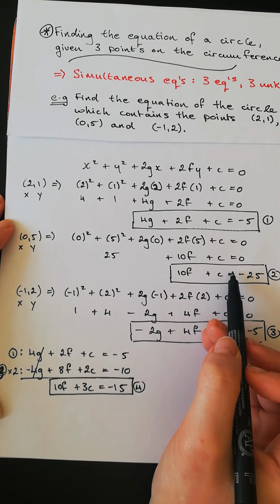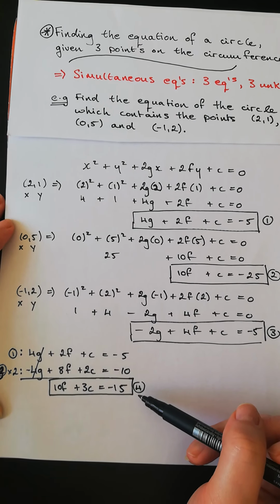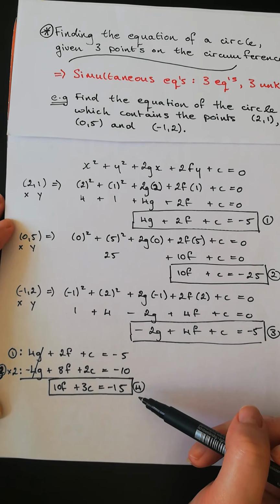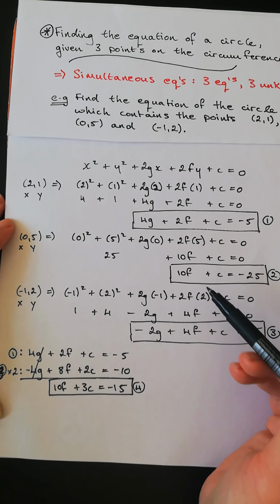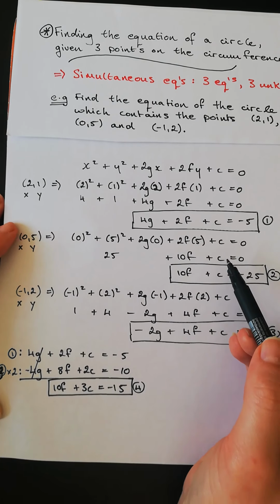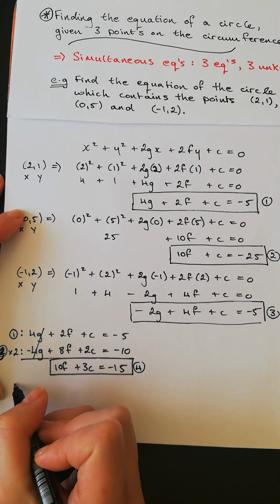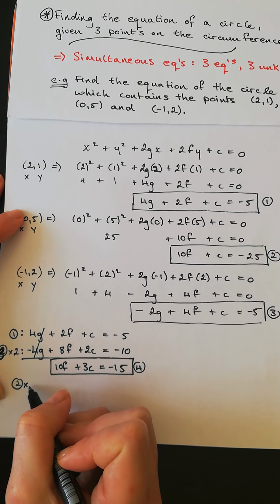My equation 2 is also an equation in f and c, and if you compare 2 to 4, you will see that the f's will quite easily cancel there for me. All I have to do is take my equation 2 down here and multiply it by minus 1.